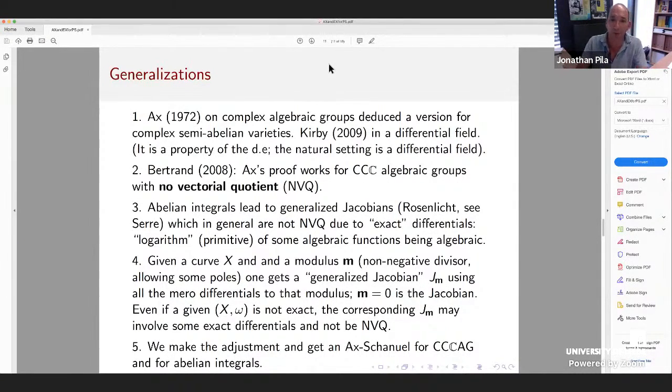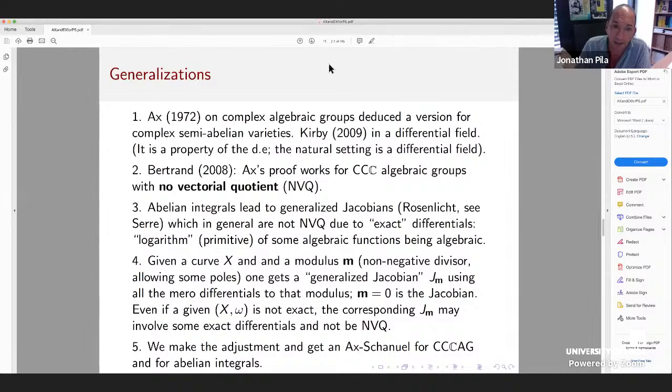If you have a curve X and a modulus m, meaning a non-negative divisor, where you allow some poles of your differentials, you get a generalized Jacobian, J sub m of X, using all the meromorphic differentials to that modulus. When you take m to be empty, you get the Jacobian. And in general, you get covers of the Jacobian by either multiplicative or additive extensions.